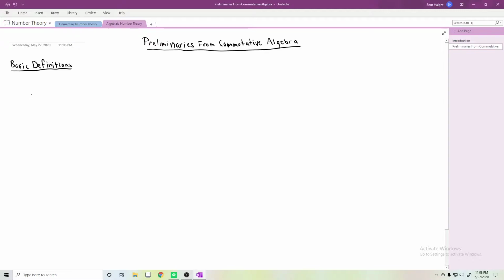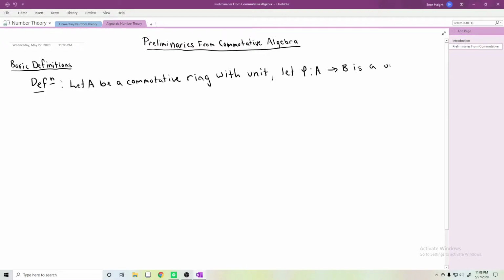Okay, so the first is the notion of an algebra over a ring. Let A be a commutative ring with unit, and let's suppose that phi from A to B is a unital ring homomorphism.